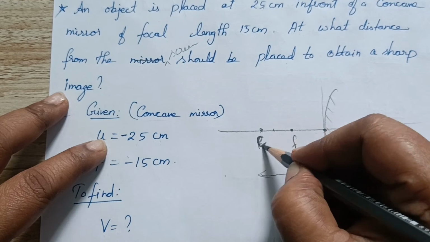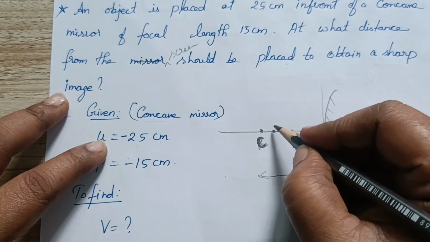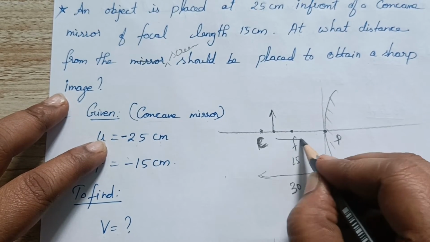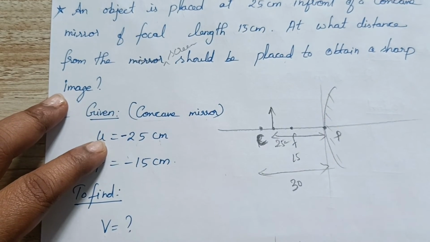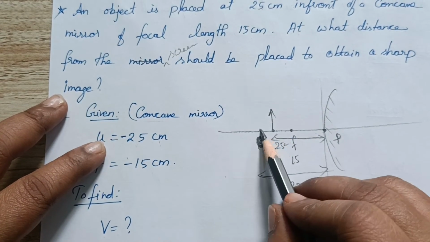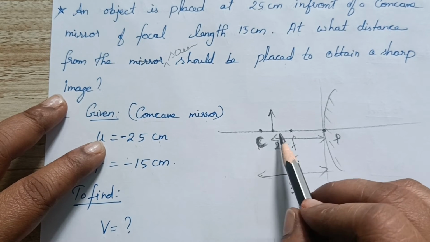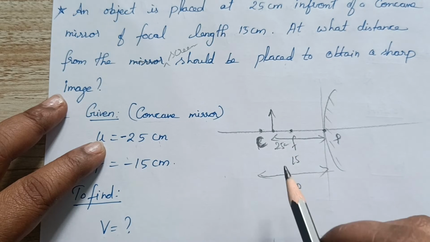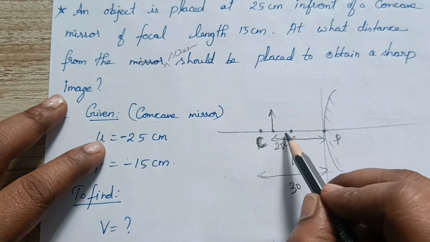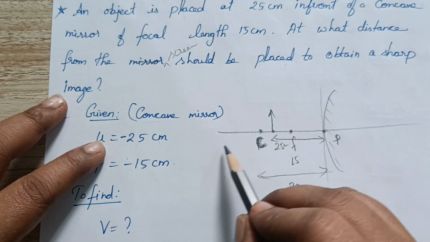This is the center of curvature. Somewhere between here, at a distance of 25 centimeter, the object is placed. So if the object is placed between C and F, center of curvature and focus, you know that the image will be formed beyond C.